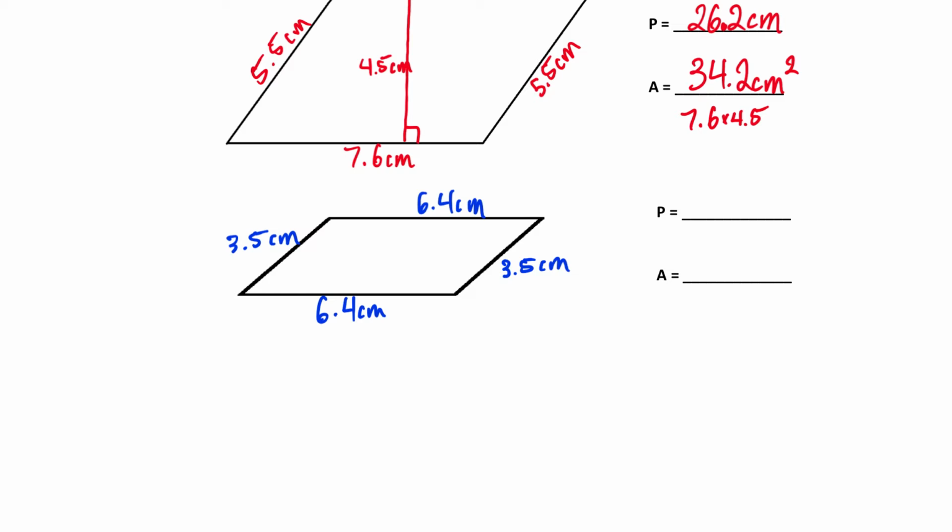All right, so to find the perimeter first, just adding those four numbers up. 3.5 plus 3.5 plus 6.4 plus 6.4 should be about 19.8 centimeters.